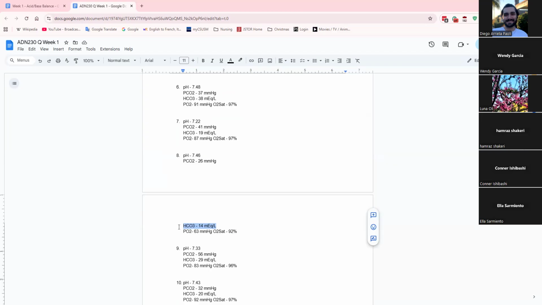So let's do some matching. So we have a pH that is basic, and we have a CO2 that is basic. So this is respiratory alkalosis. Okay. So what kind of compensation does this have? Does this have full compensation, no compensation, or partial compensation?